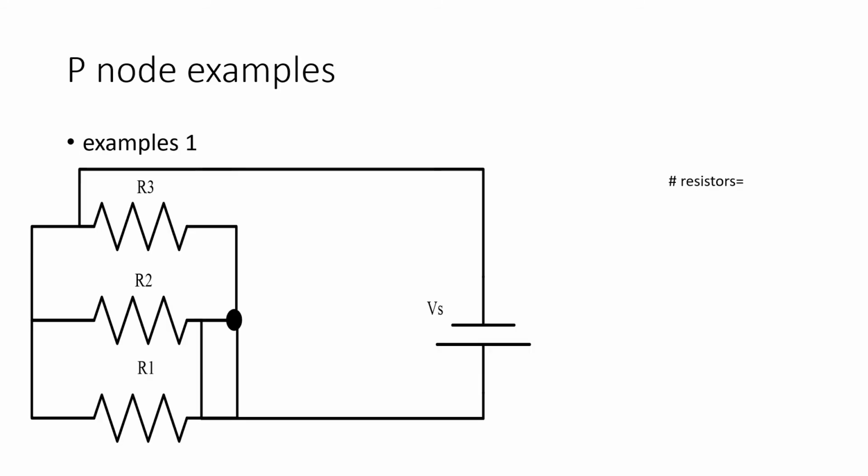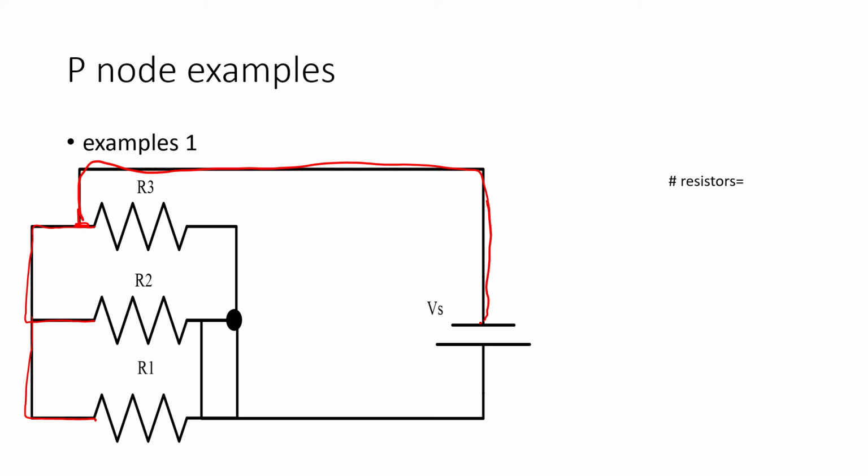This is an example of a P node. If you look at the supply, the negative terminal of the supply is connected through this line to this terminal of R3. This is one wire, this is another one, and this is the third one. So Vs is connected to R3, R2, and R1.